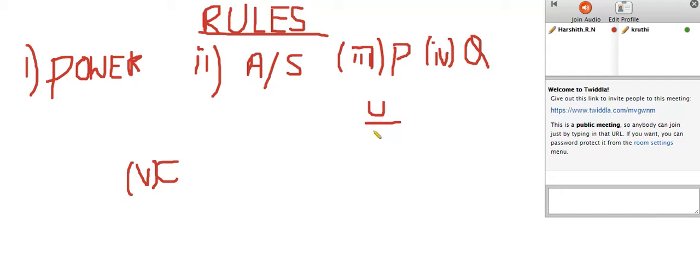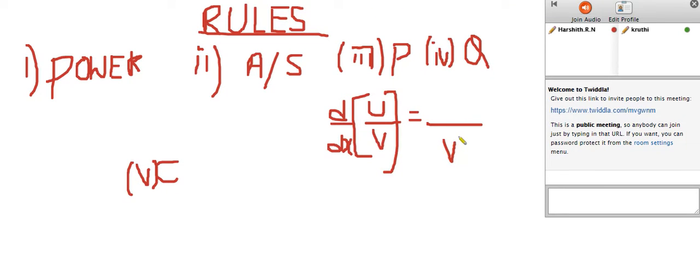If you use d by dx here, it gives you the denominator always v square, and then u dash v, meaning differentiating the numerator once, minus v dash u. That will be the scenario.